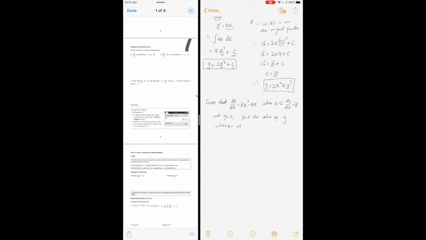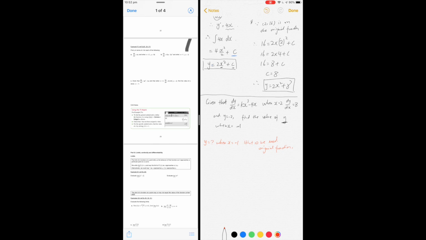Alright, so this is my question. Looking at this, let's take all the key information. The question asks you to find y, the y value when x is equal to negative 1. This gives us the hint that we need to find the original function.